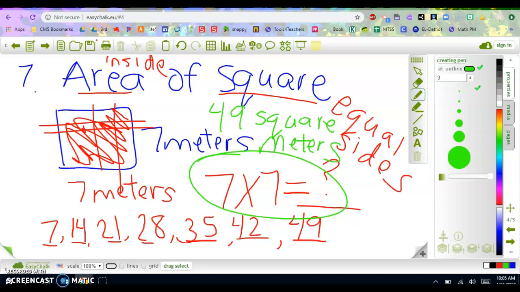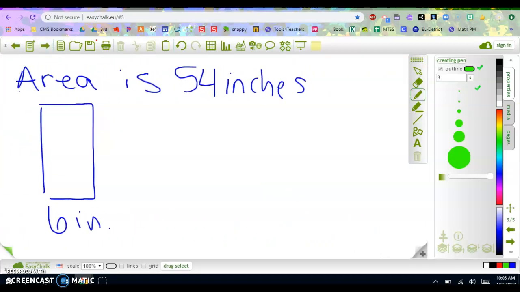I was trying to find the area, and the answer for the area goes here. So they're telling me that the area is 54 inches. That's what it's equal to. This is not a square. The sides are not all the same. My job is to figure out that missing side. They give me one side, which means they are telling me one part of my equation.